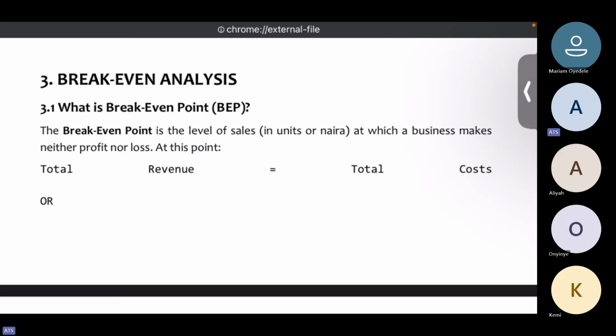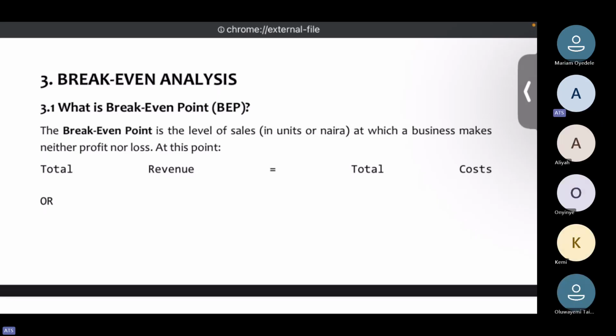You're analyzing how your cost and your volume affect your profits. But another thing that CVP analysis does, as I mentioned earlier, is that it helps to see how safe you are as a business. Are you making profits? How far away are you from making a loss? All these things are things that you should consider. So that's what break-even analysis, BEP analysis, helps us to analyze.